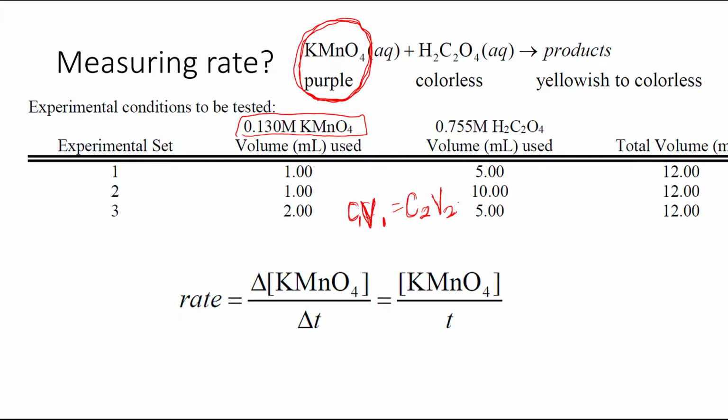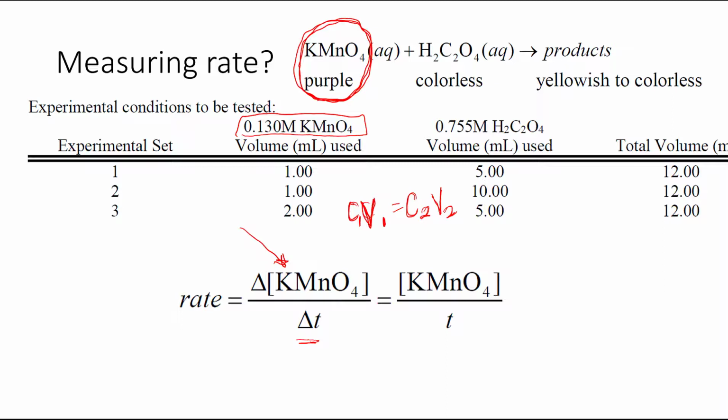The point here is that the potassium permanganate concentration goes from its initial value to 0. That's the change in the concentration that we're measuring here. And that change in concentration is happening over a change in time that we measure.